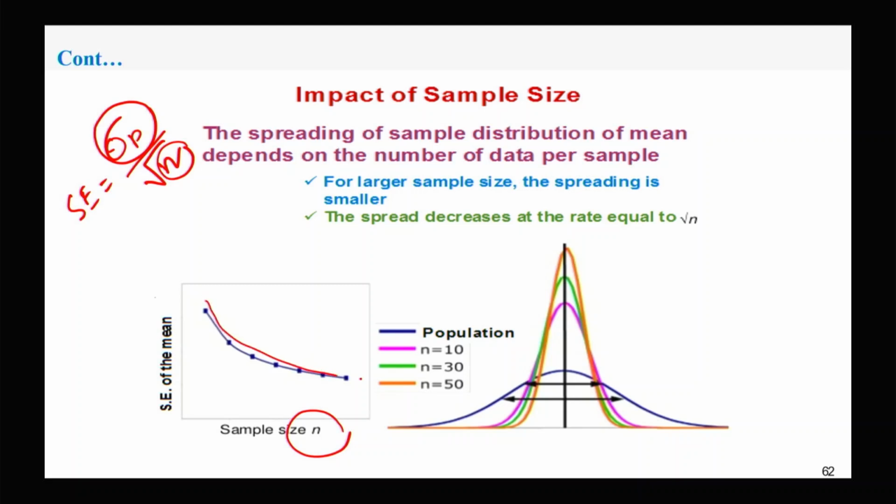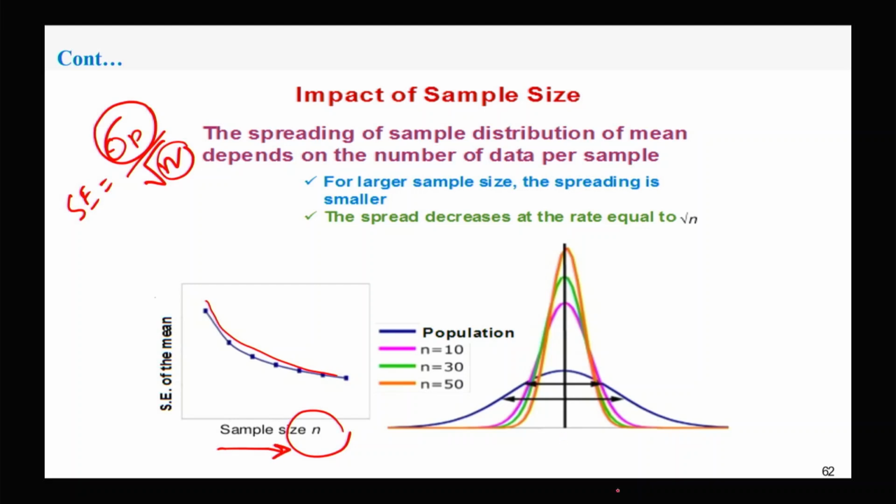That means you are getting less and less error. So to get a lower error percent in your estimation, we should increase the sample size.